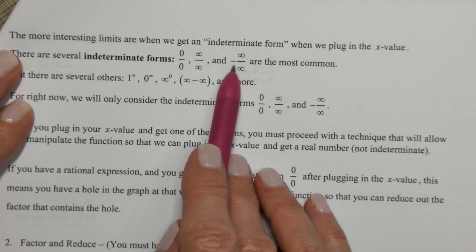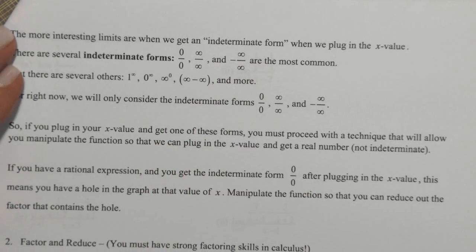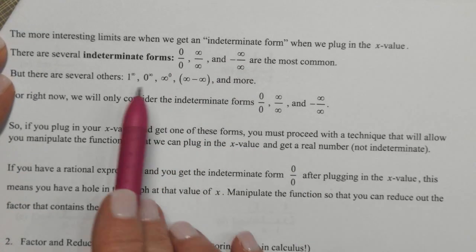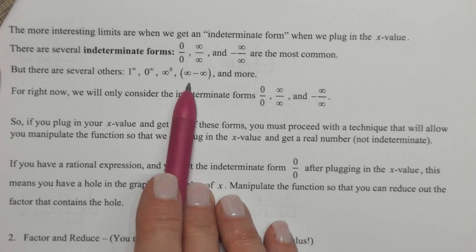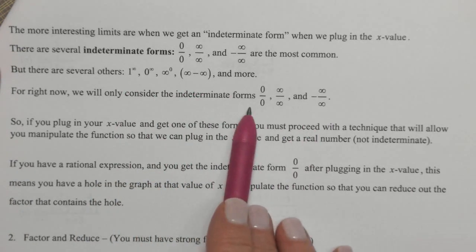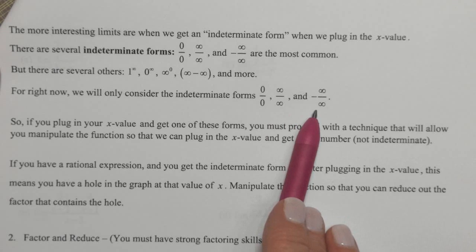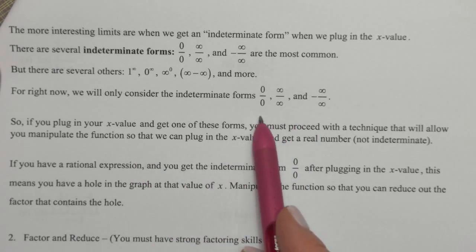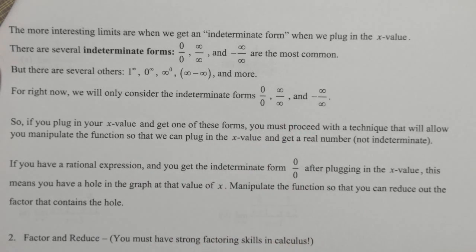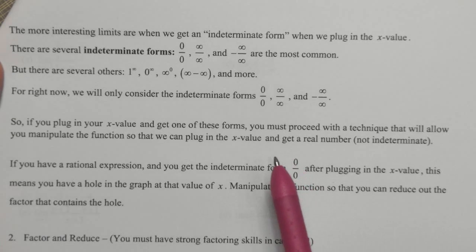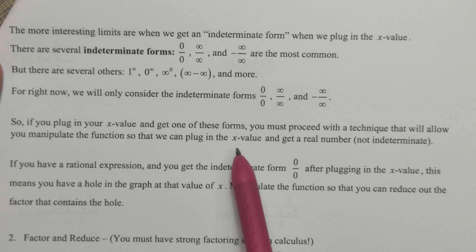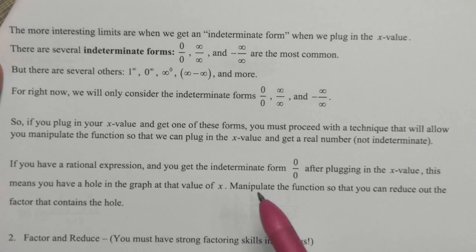Those are the most common ones we're going to see right now, but there are more, okay? There are more indeterminate forms. Right now, we're just going to take a look at those three. So if you plug in your x value and you get one of these forms, we must use a technique that will allow us to manipulate the function so that we can plug in the x value and get a real number that is not indeterminate.